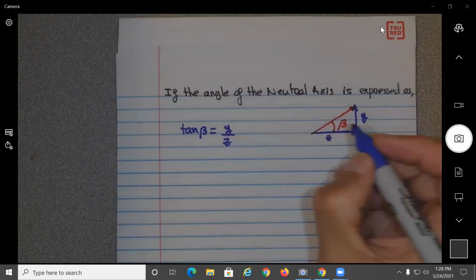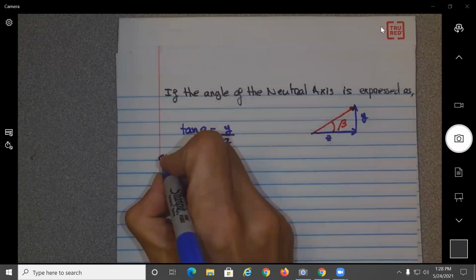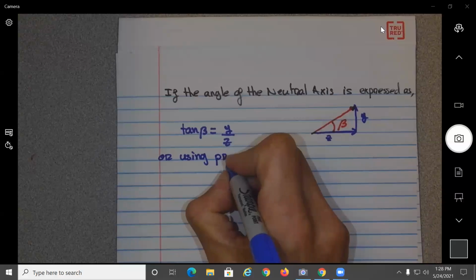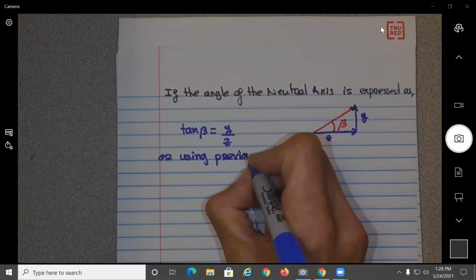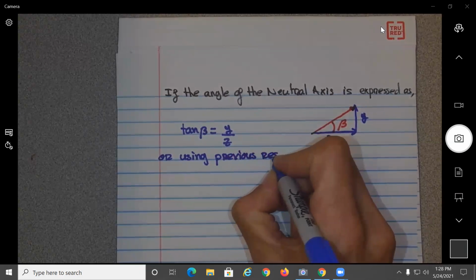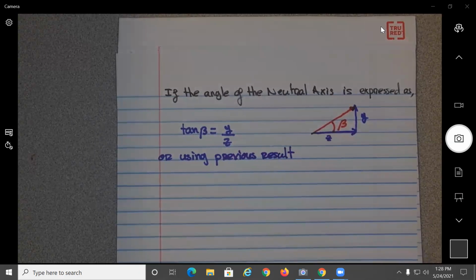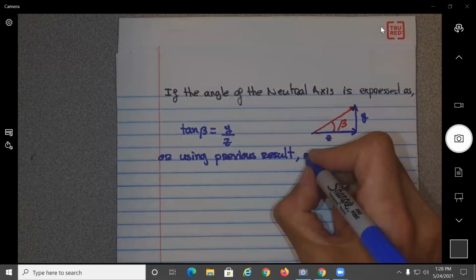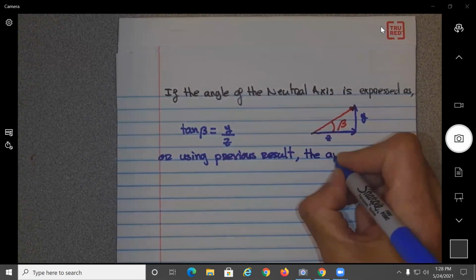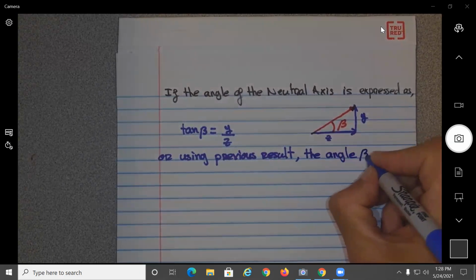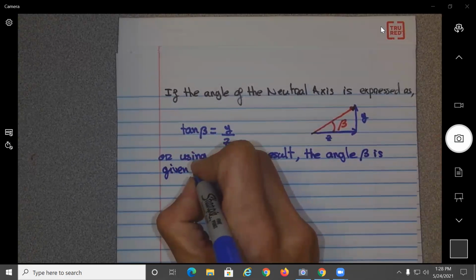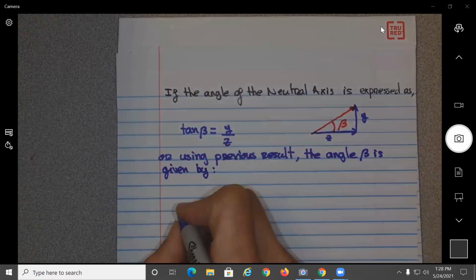Or using the previous result, the angle beta is given by, the same thing as we had before.